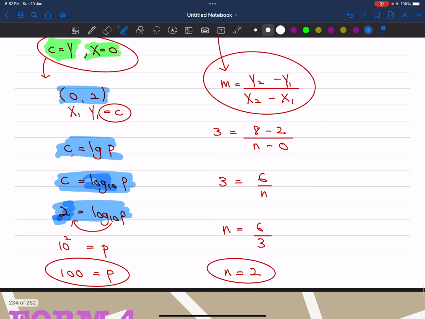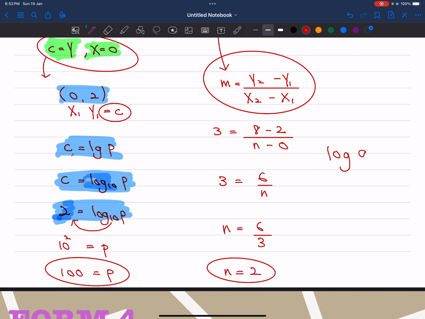If you remember, a log equation can change to indices: if log a base b equals c, then a equals b power c. That's what I'm doing here. Log p base 10 is 2, therefore p is 10 power 2, which is 100. Therefore, p is 100. We got our first answer.